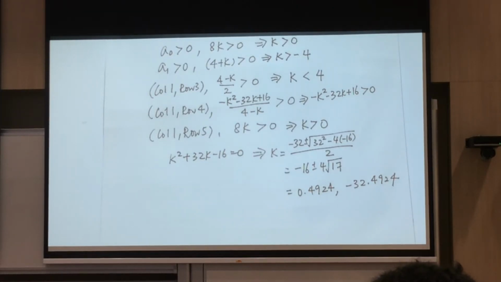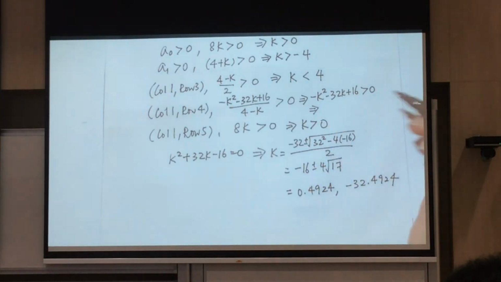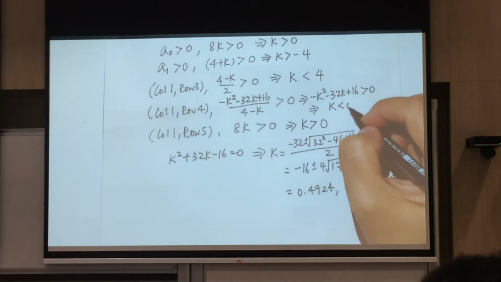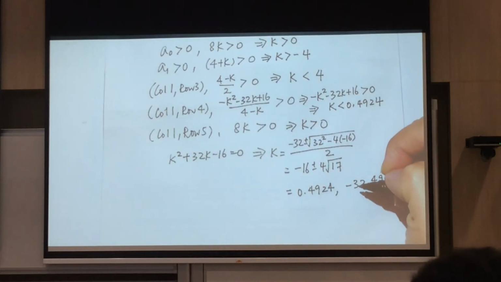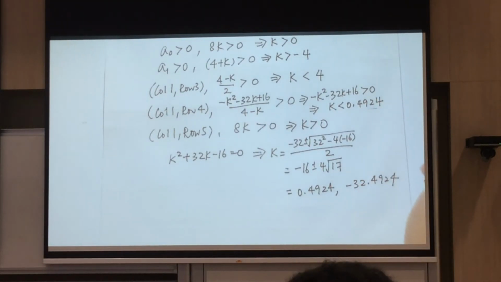You've got two answers, right? Now what you need to do is to punch it into your calculator. If you punch it in your calculator, you'll realize that the solution is k must be smaller than 0.492. Just punch it into your calculator and see what it equals for these numbers.